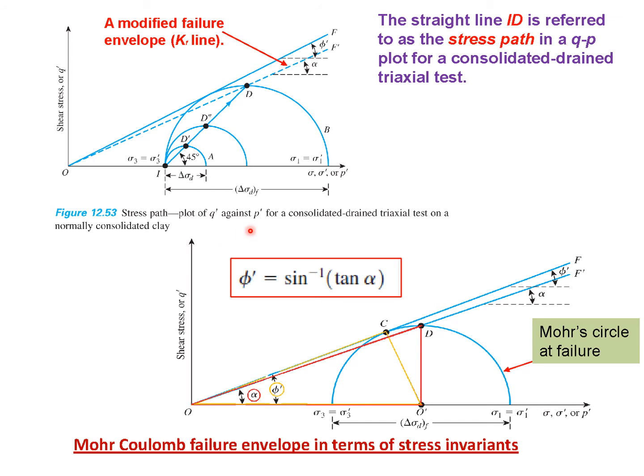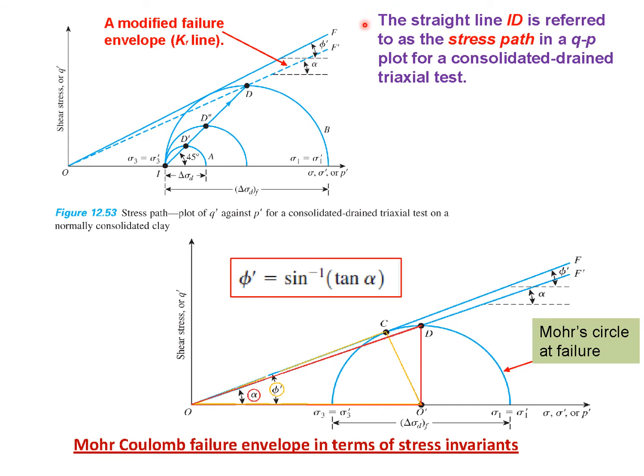Now here you can see this one, the failure envelope, and if you just look at this one, the dotted line, this is a modified failure envelope, and you can see that this angle is equal to alpha.